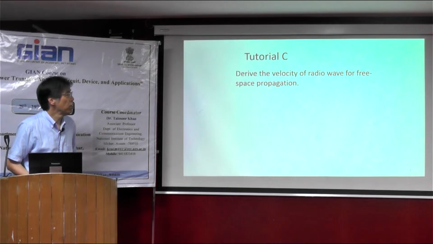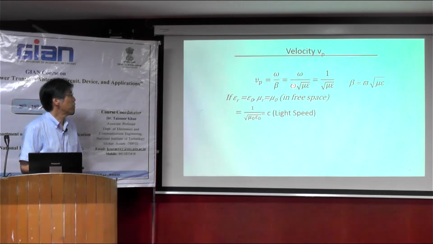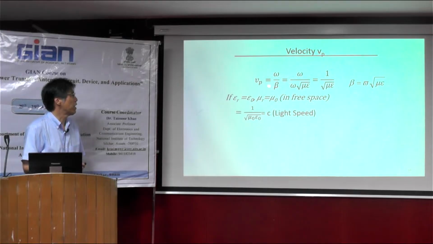And next, we can derive the velocity of the radio wave for free space propagation. So this is our answer for the velocity. And the velocity can be described as omega over beta.